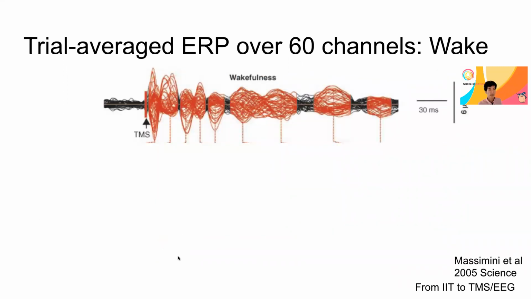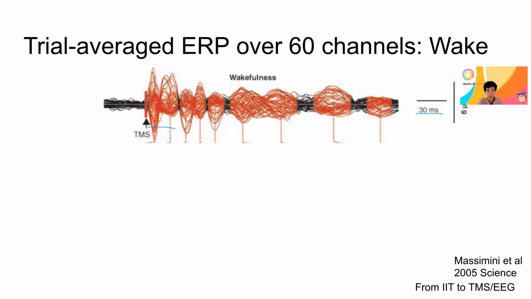And here's another type of representation of the data. What you're seeing here is over this time scale, this is roughly 30 milliseconds after the TMS onset, and this is already averaged across many trials. It goes from 0 to roughly 300 or 500 milliseconds after the TMS.